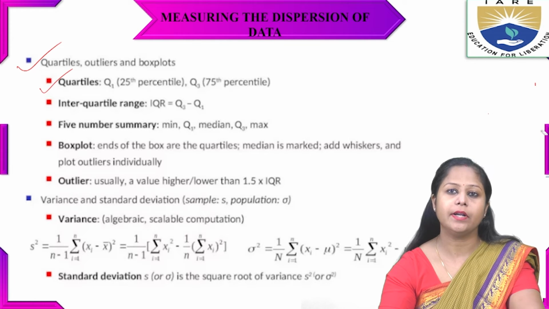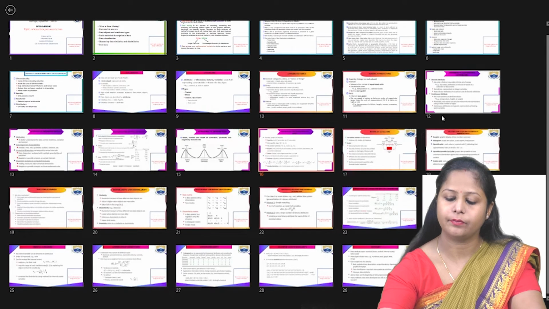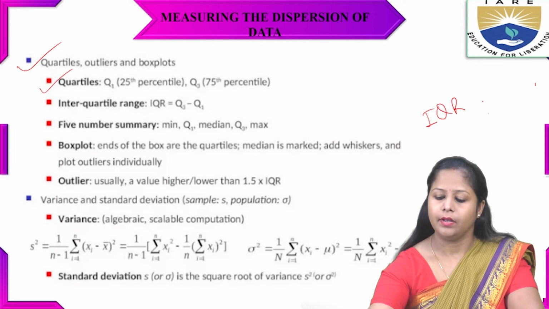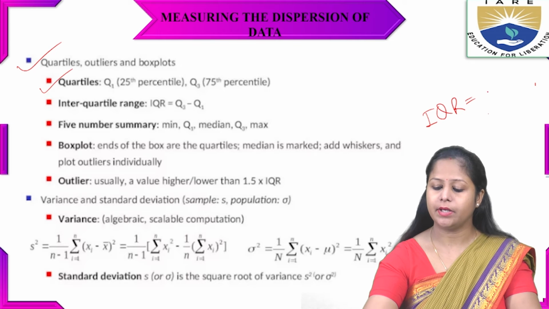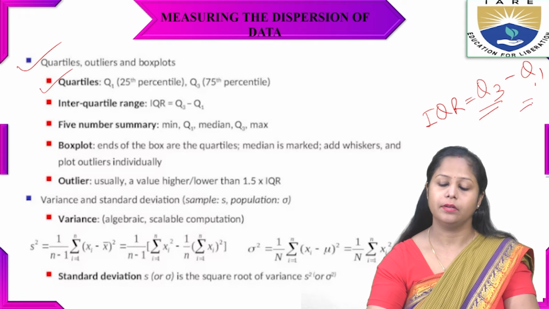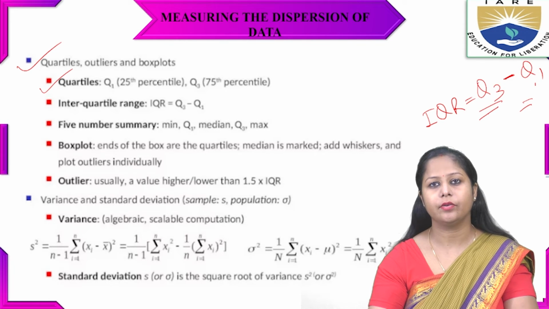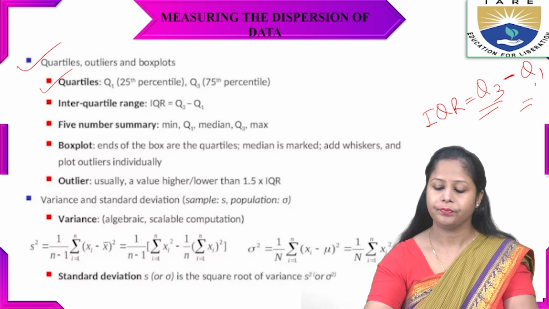So what is the interquartile range? IQR, the interquartile range, is nothing but what we calculate from Q3 minus Q1. From the third quartile we subtract the first quartile, and we get the IQR of the data.